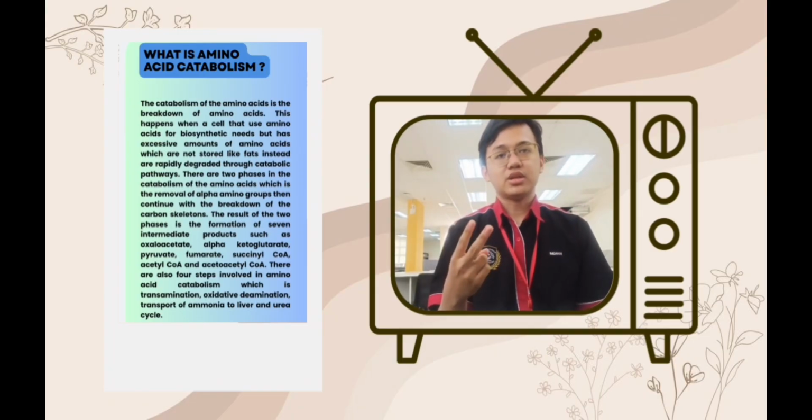There are two phases in the catabolism of the amino acids, which is the removal of alpha amino groups, then continue with the breakdown of the carbon skeletons.